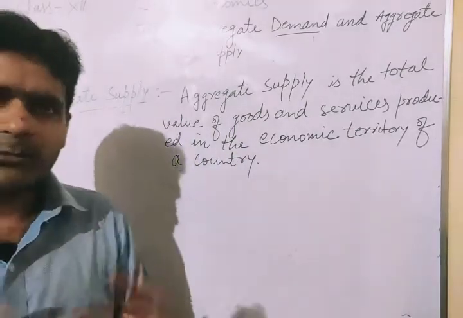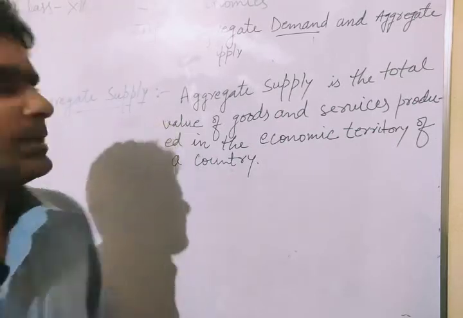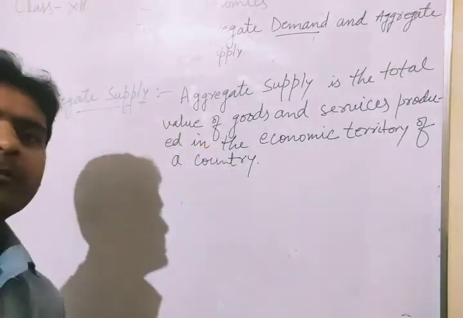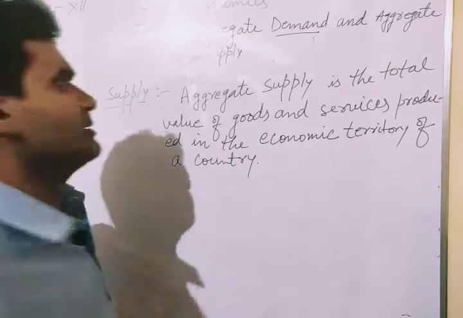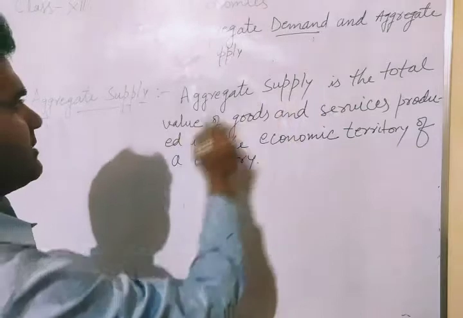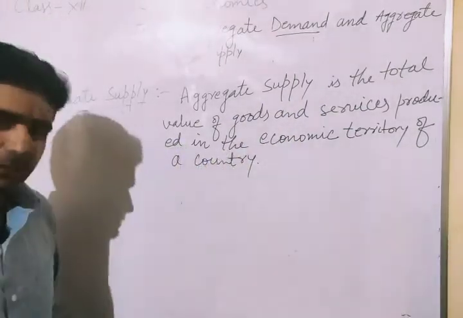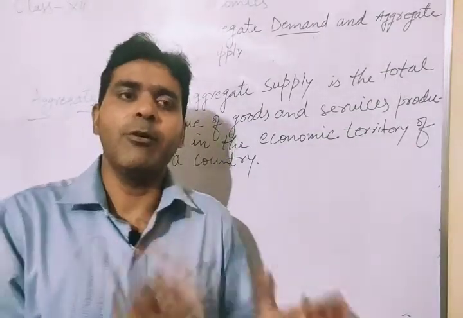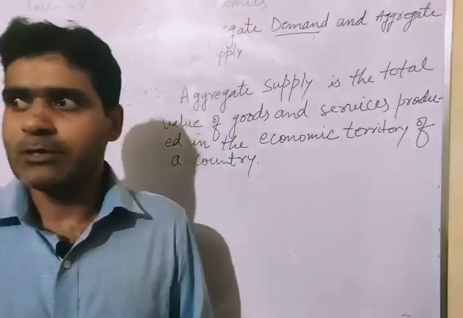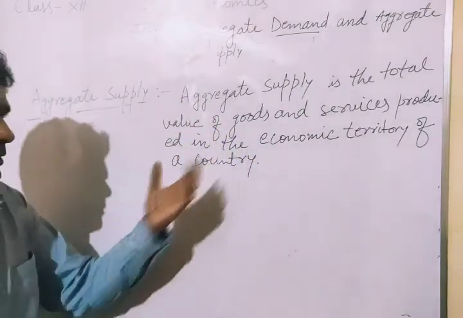Because we are dealing with the two sector economic model only, a closed economy suggested by John Maynard Keynes, there is no rest of the world sector and no government sector, only the household sector and the firm sector. In other words, it is the money value of all the final goods and services which the producers have produced within the domestic or economic territory.